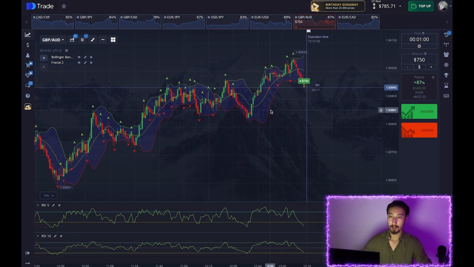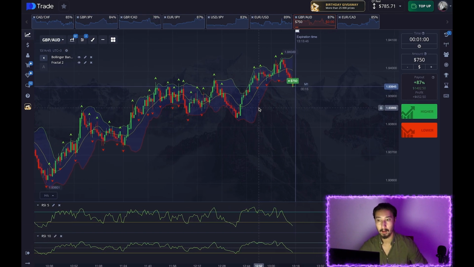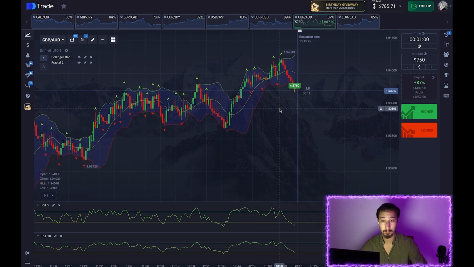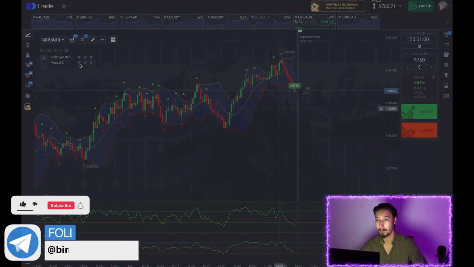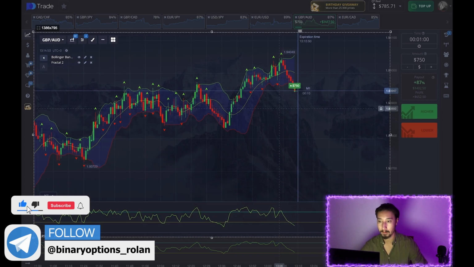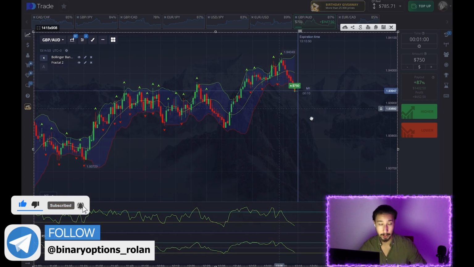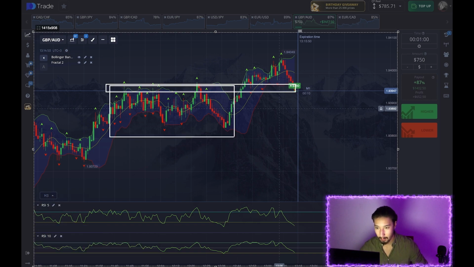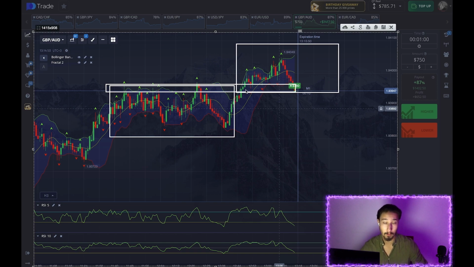Finally, long position here again. The entry logic remains absolutely the same as in the two previous trades, guys. Here, in my opinion, is a good signal, a good entry point. We have touching the previous price corridor, which was slightly lower. Here we have a new price corridor formed.